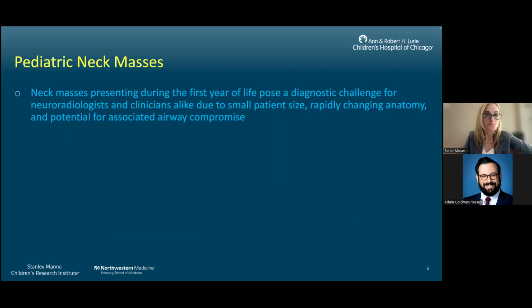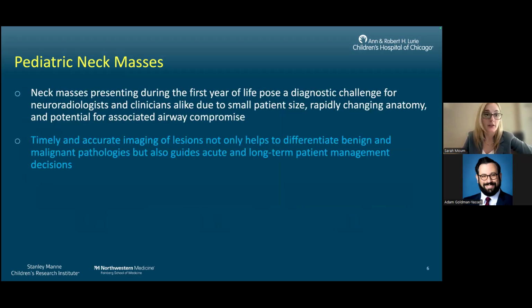Okay. All right, so neck masses presenting during the first year of life do pose a diagnostic challenge for neuroradiologists and clinicians alike because of the small patient size, because there's rapidly changing anatomy, and also because of a potential for airway compromise, especially when lesions are large.